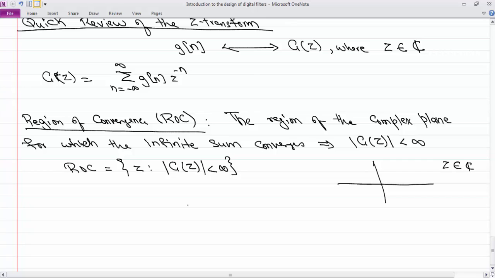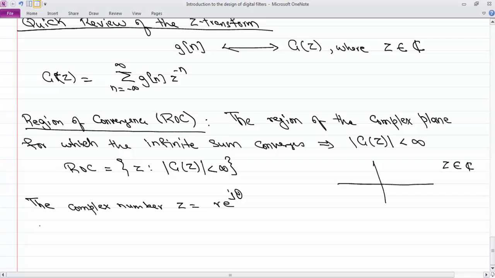Now for a complex number, we go to the polar form. The complex number z in polar form is given by r e to the j theta. We won't go into the details of that.